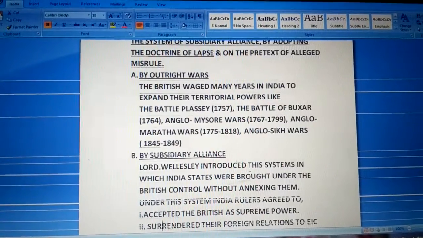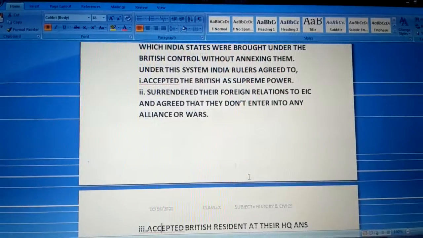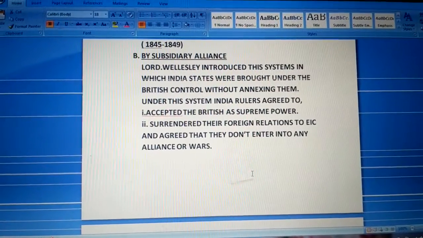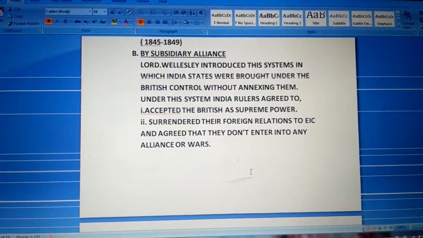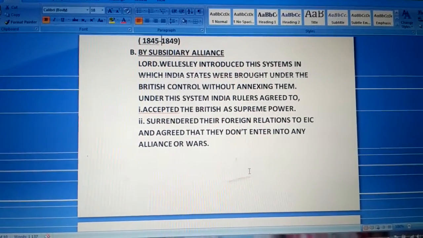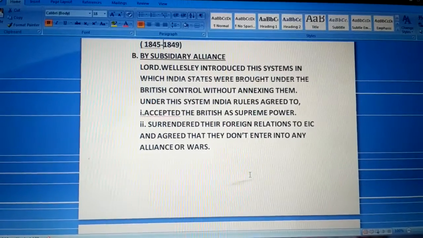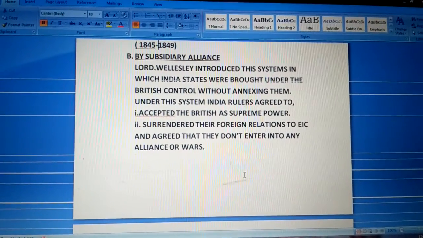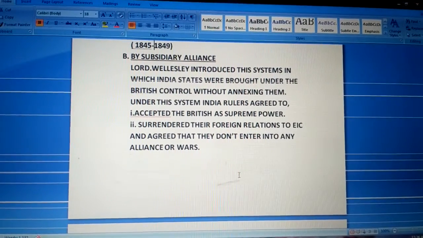Then subsidiary alliances. What are subsidiary alliances, and how did the British try to capture through these? Lord Wellesley introduced this system, subsidiary alliances. What was this system?